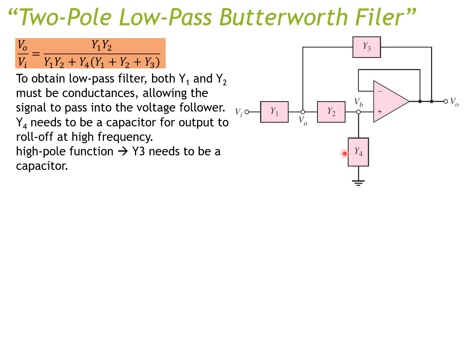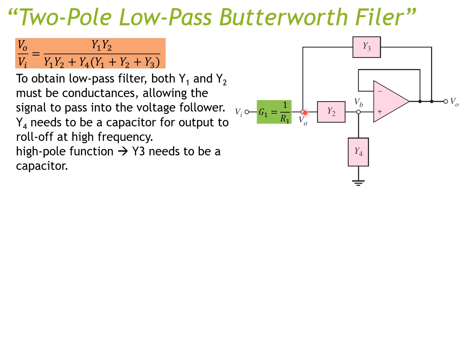Y4 needs to be a capacitor for the output to roll off at high frequency. Then the two-pole function will need Y3 also to be a capacitor.